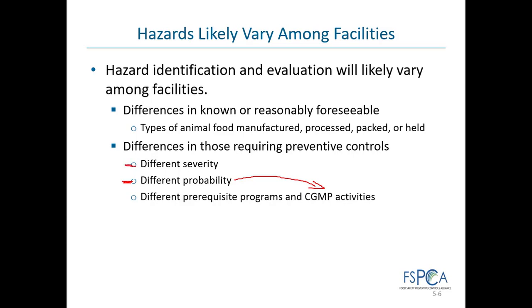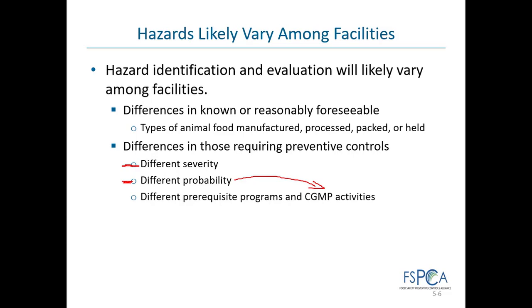Severity can also be a little bit flexible, although I think less so. Severity, I think, is mostly flexible when we're talking about the intended species. I like to use metal as an example. So a metal hazard in a Chihuahua food is very different severity than a metal hazard in a finished cattle feed. Okay, we're feeding very different size animals.